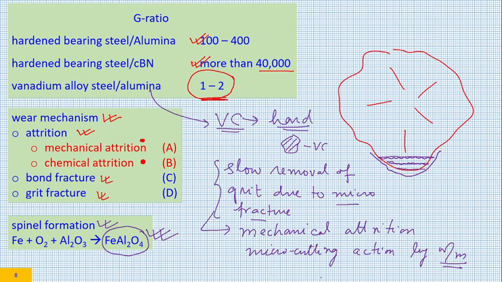So gradually this would be removed very easily. They will wear out. So this is called chemical attrition.